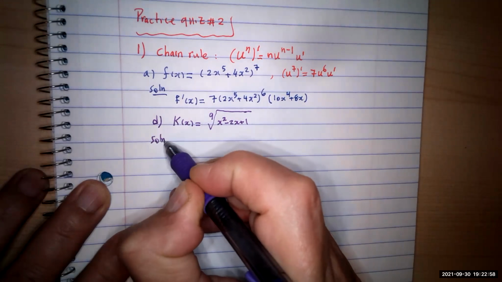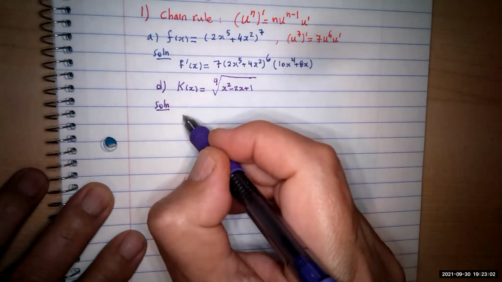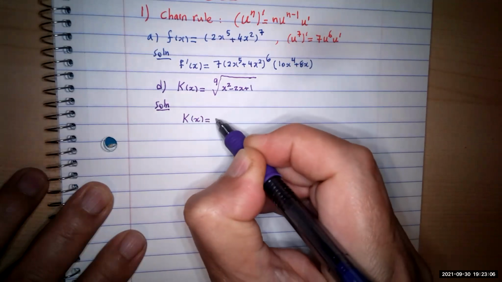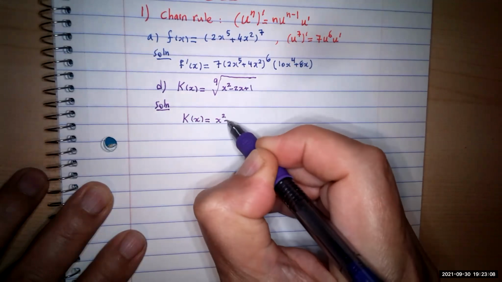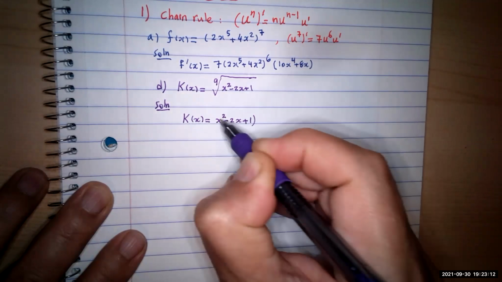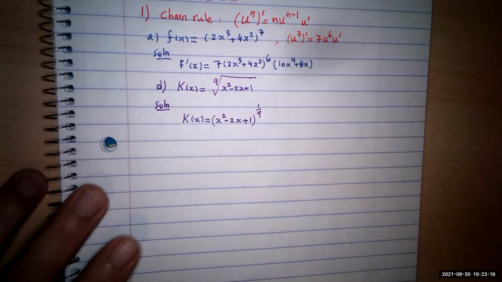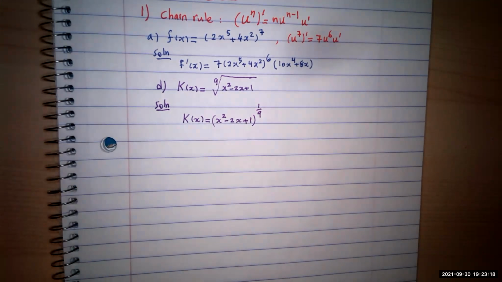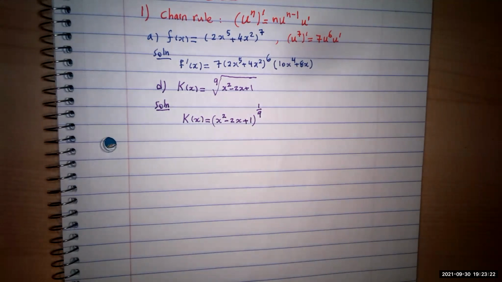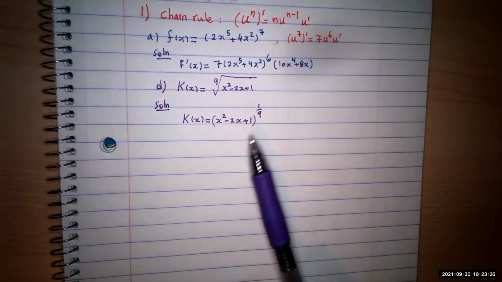So you do the rewriting first. This is just the algebra part. So you change it to k of x is equal to x squared minus 2x plus 1, everything to the power 1/9. So that's your first action. As soon as you change it, you get back to part 1. So the inside is going to be like u, so it's going to be u to the 1/9.